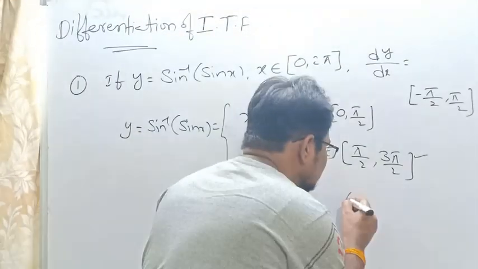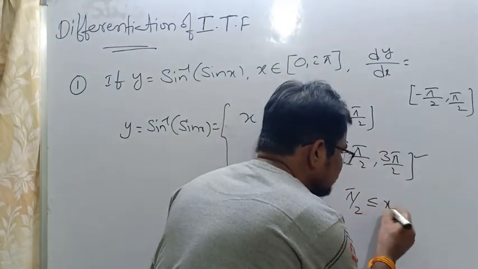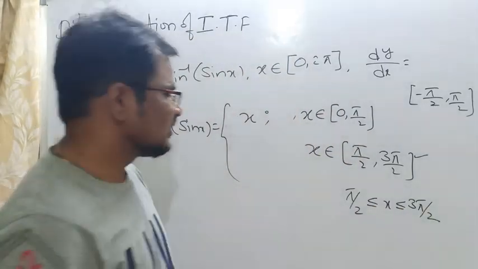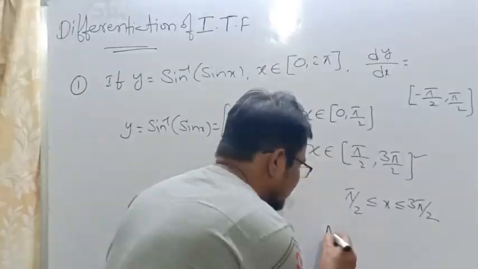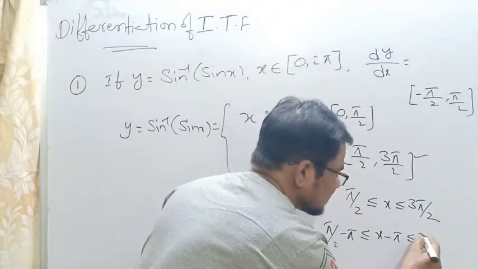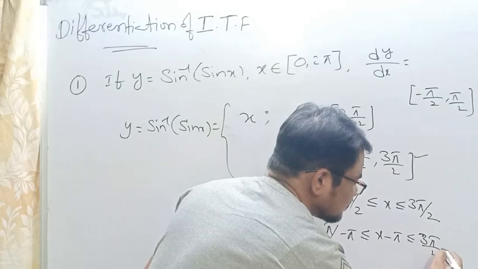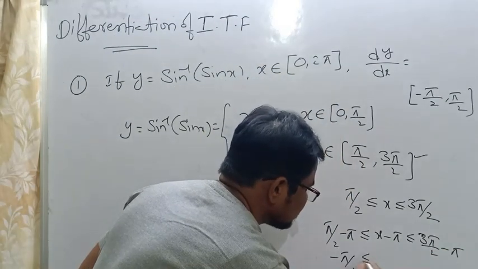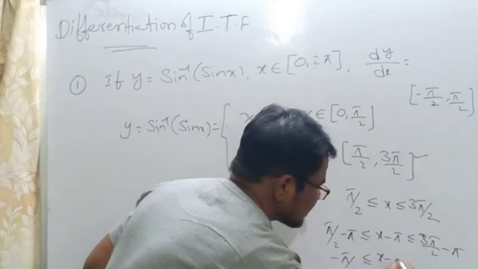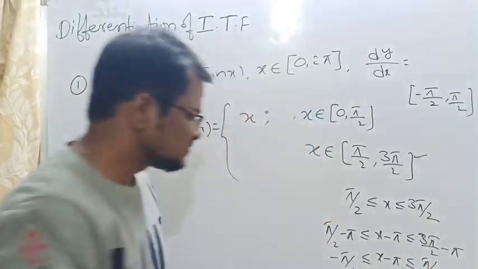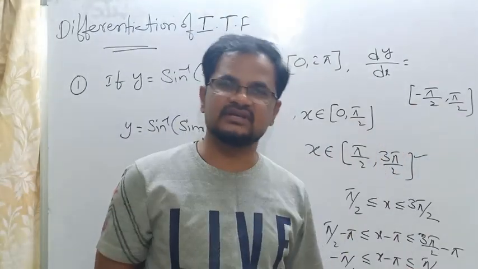Pi by 2 less than or equal to x less than or equal to 3 pi by 2. Now subtract pi: pi by 2 minus pi less than or equal to x minus pi less than or equal to 3 pi by 2 minus pi. Here minus pi by 2 less than or equal to x minus pi less than or equal to pi by 2. So this belongs to the range of sine inverse x.